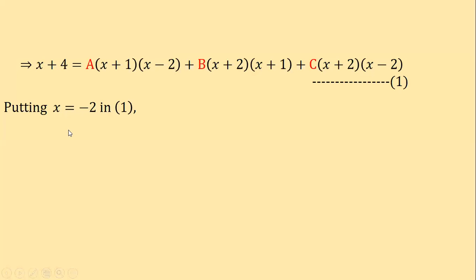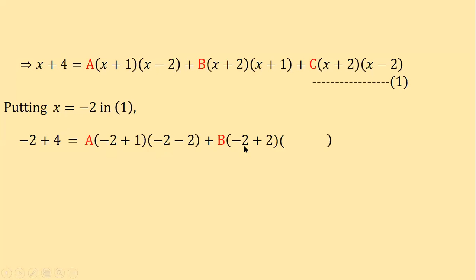Let us see now how it is. Minus 2 plus 4 is equal to a into (minus 2 plus 1) into (minus 2 minus 2) plus b into (minus 2 plus 2) into (minus 2 plus 1) plus c into (minus 2 plus 2) into (minus 2 minus 2).